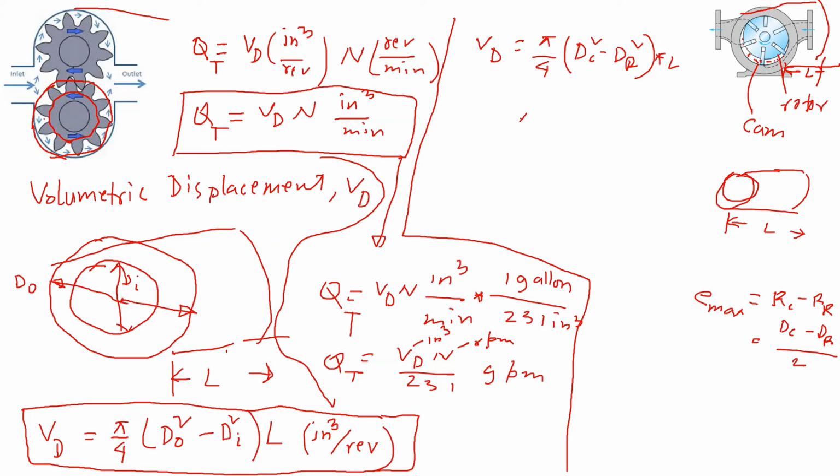If you rearrange, pi by 2, then dc plus dr, and dc minus dr divided by 2, and L. So VD, we can write that dc minus dr divided by 2 is basically the eccentricity. Instead of max, we want to develop a generic formula. So we can write it like this: dc plus dr, and then E, and then L.